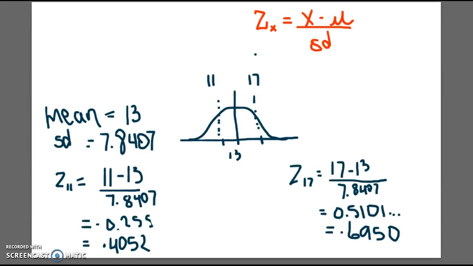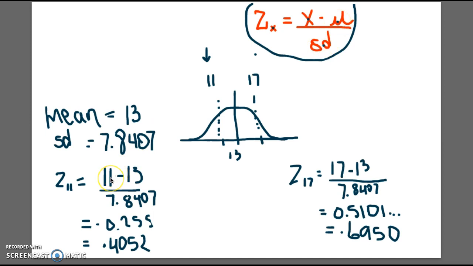Okay, so what I've done here is I've just written down the z-scores for this problem. The first one we're going to look at is the z-score for 11. Here's your formula: you take the number 11, subtract the mean, and divide by the standard deviation.